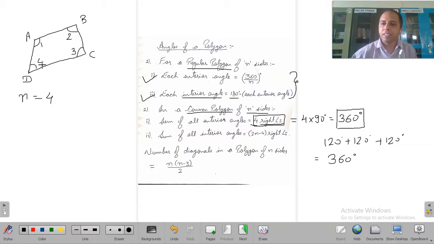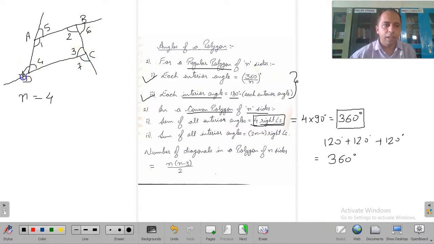Then which will be the exterior angles? Can we draw? Yes. Let's extend this side like this. Then this side like this. Then this side like this. And lastly this side in this way. So this angle, let it be 5. Then angle 6. Then angle 7.